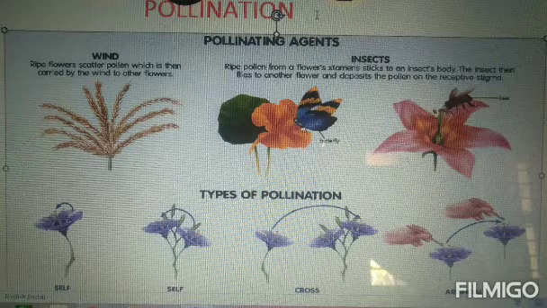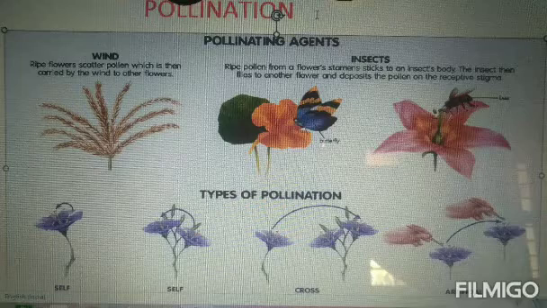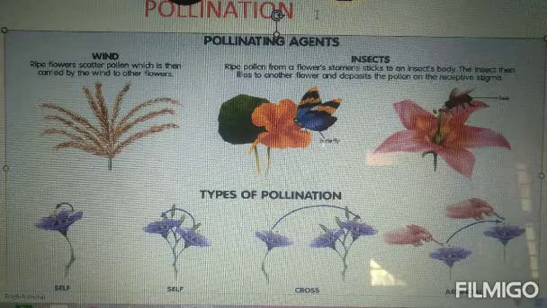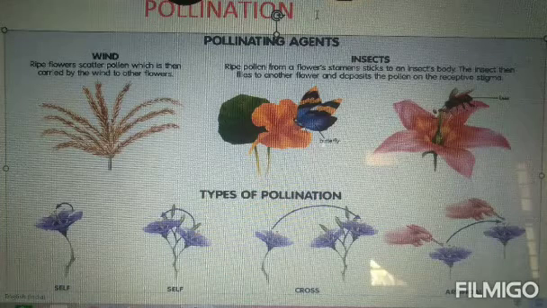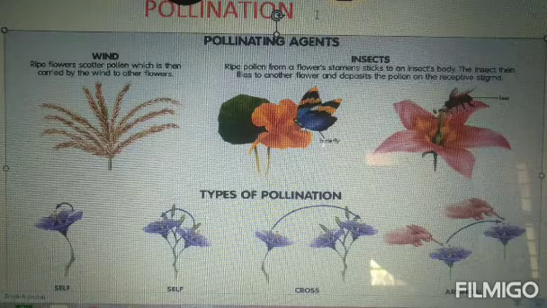Some of them will eat that, but some insects simply visit the flower but never help in the transfer of pollen grains. They are called cheaters.